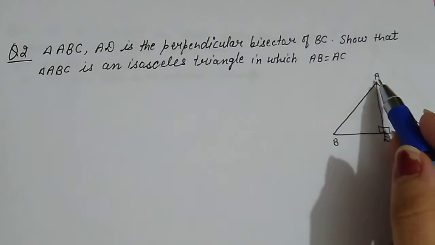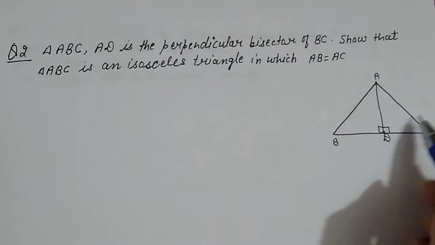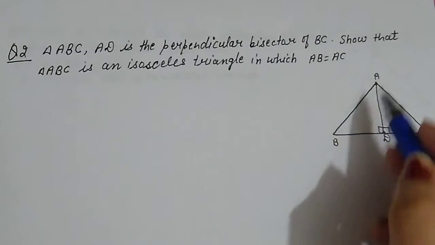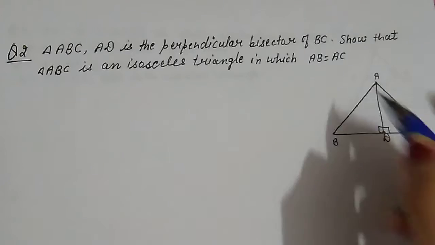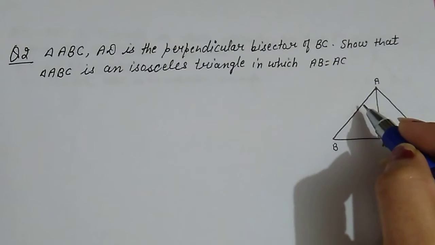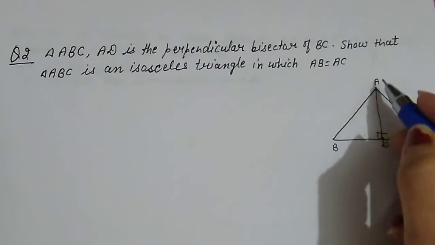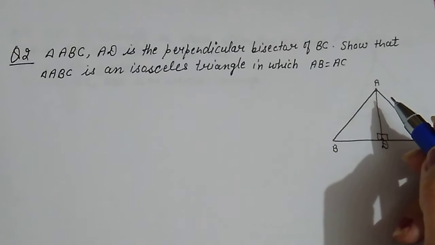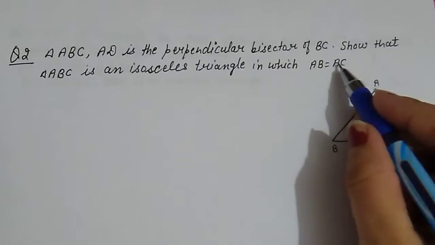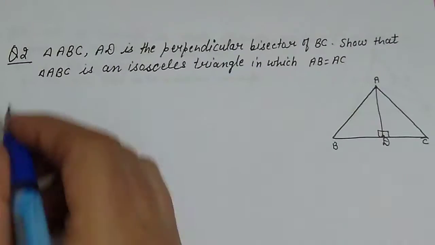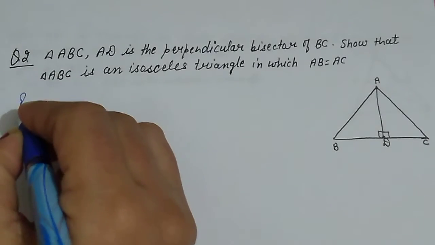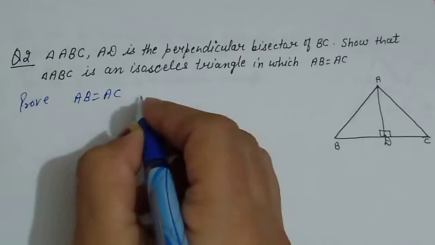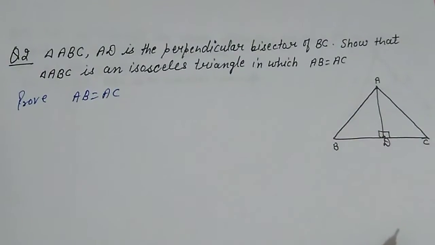It means you have to prove AB is equal to AC. Is this given to you? No, you have to prove it. If AB is equal to AC, then it becomes an isosceles triangle.